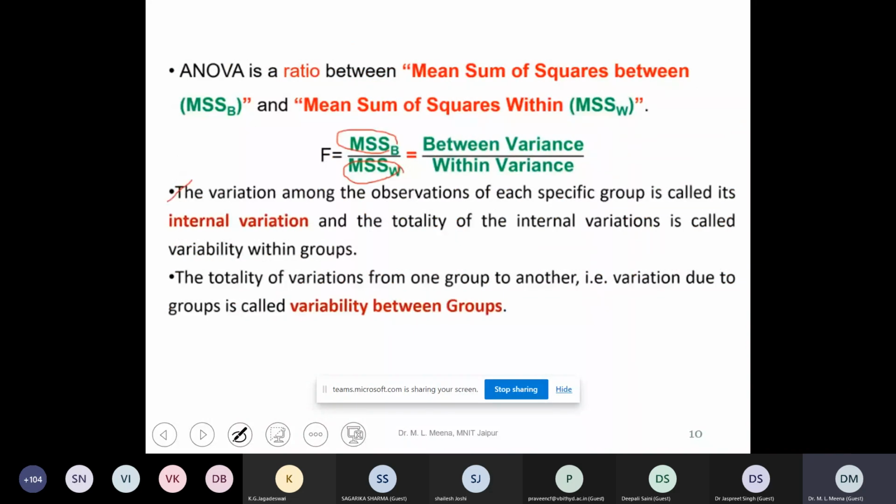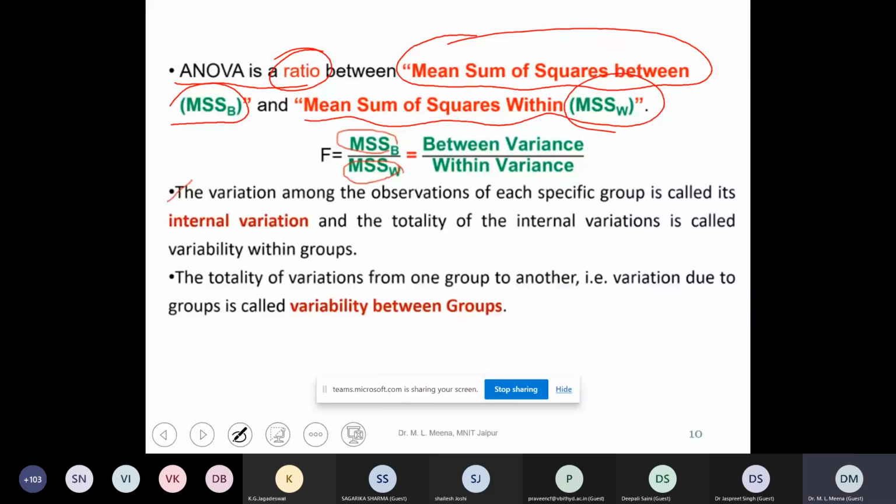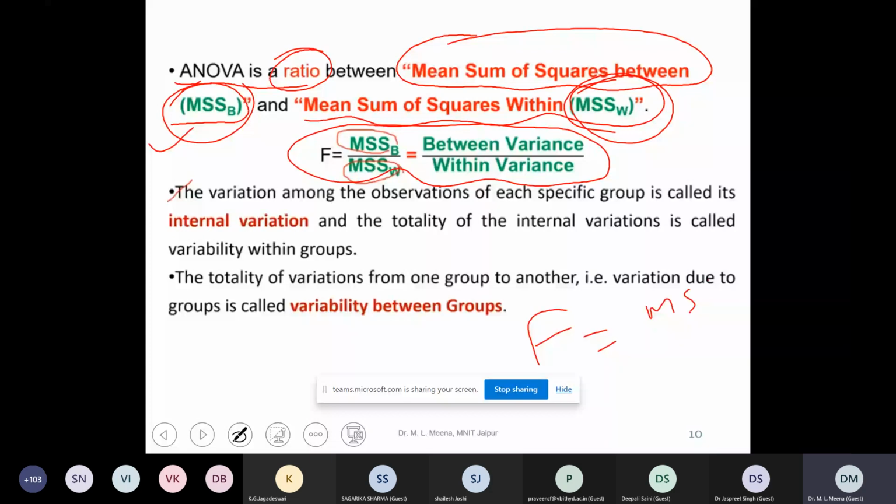So ANOVA is the ratio between the mean sum of squares between groups, MSSB, and the mean sum of squares within groups, MSSW. This is the mathematical formula: F equals MSSB divided by MSSW.